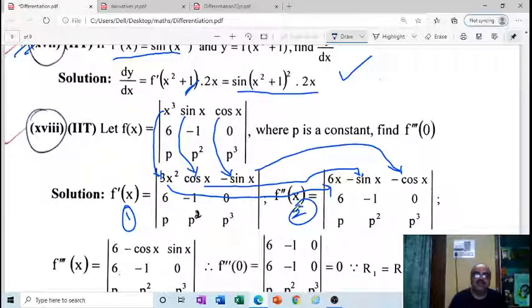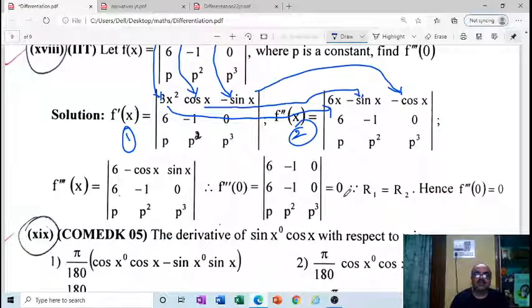One more time we need to differentiate this. Once more, when we differentiate this, 6x becomes 6 into 1, it is 6. Minus is here, sin x differentiation is cos x. Correct? Then minus is here, cos x differentiation will be minus sin x, friends.